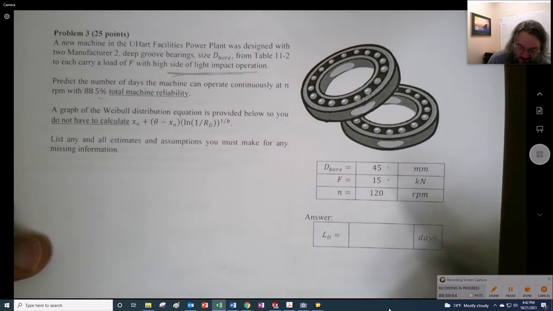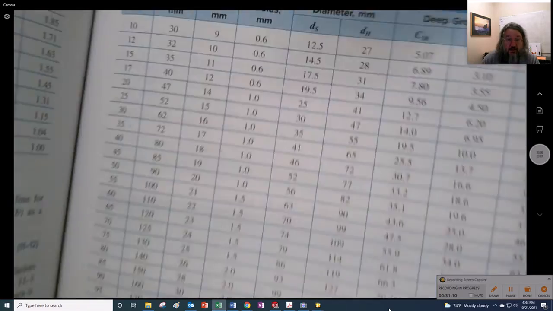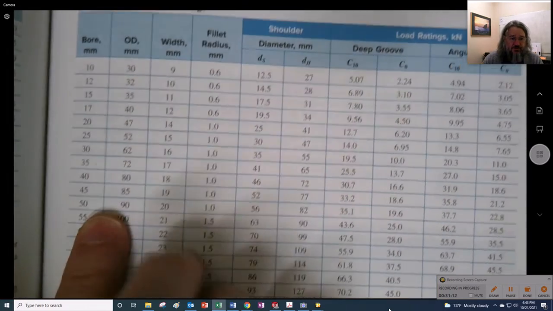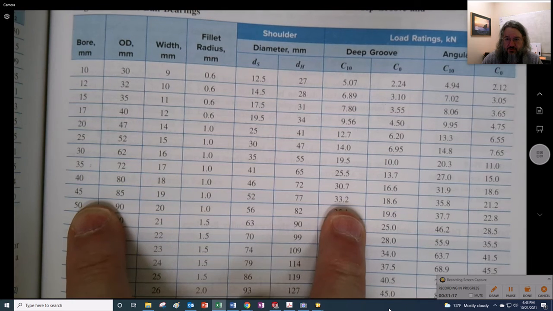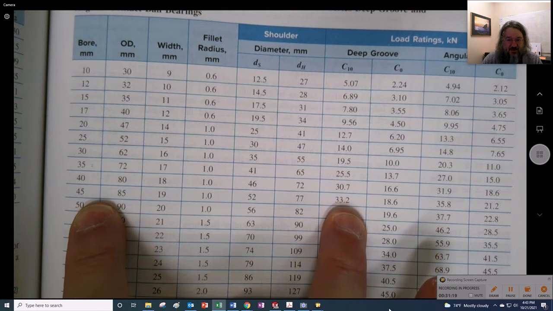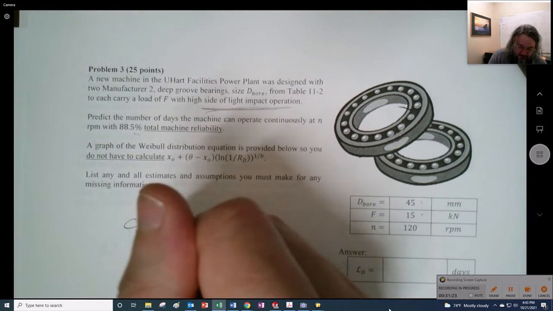So here's your RPM. What we want to do is look that up in chapter 11. Look up that bearing. Read it twice. It is a deep groove, yes, and it's 45 millimeters. So 45 millimeters deep groove has a C10 of 33.2. Write that down.